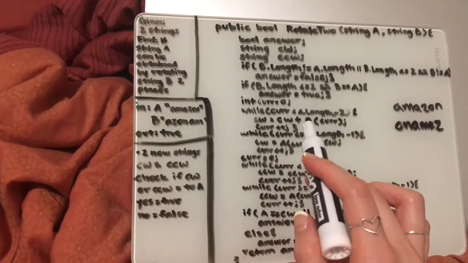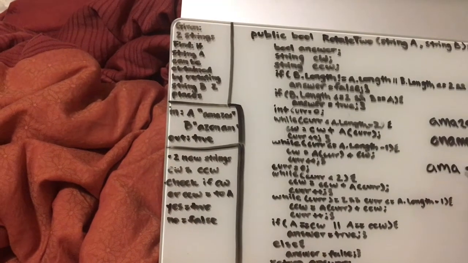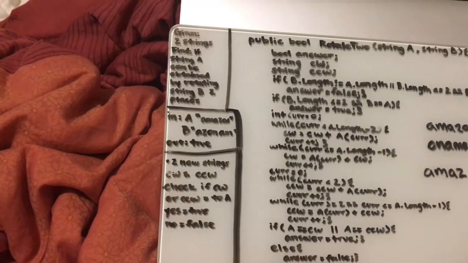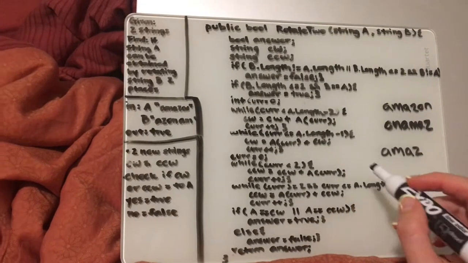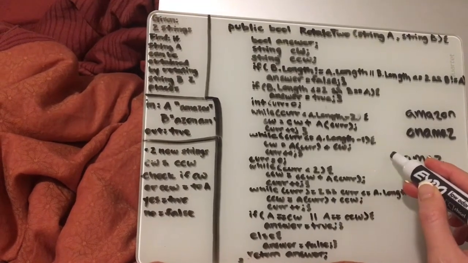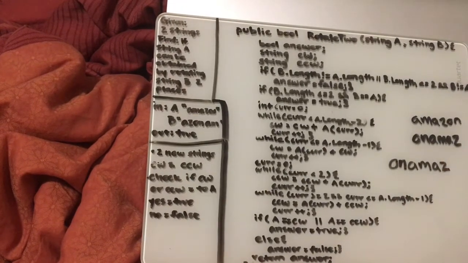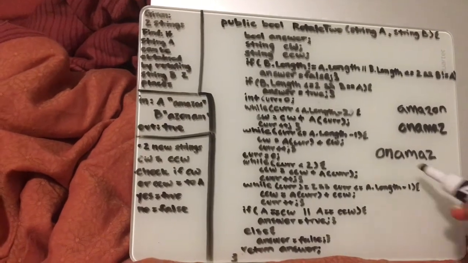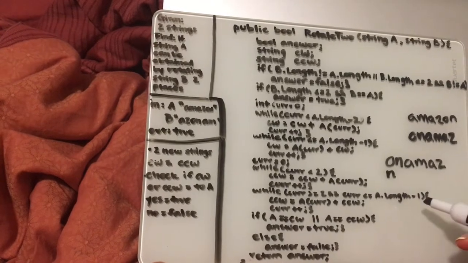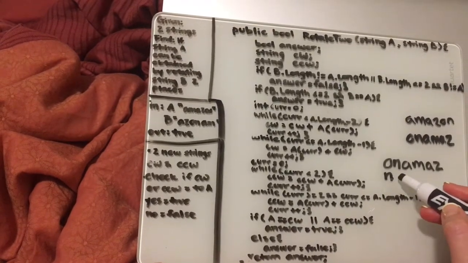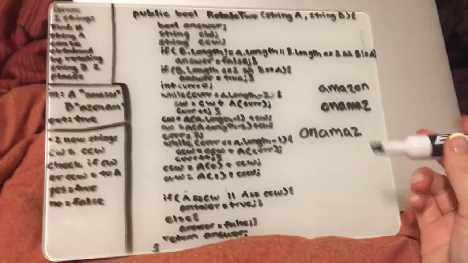So first we're going to, until the end, write AMAZ, and then we're going to go through another loop that adds ON to the beginning, except I just realized that mine is going to add an O. So let me quickly go fix that. Okay, now we got that fixed.